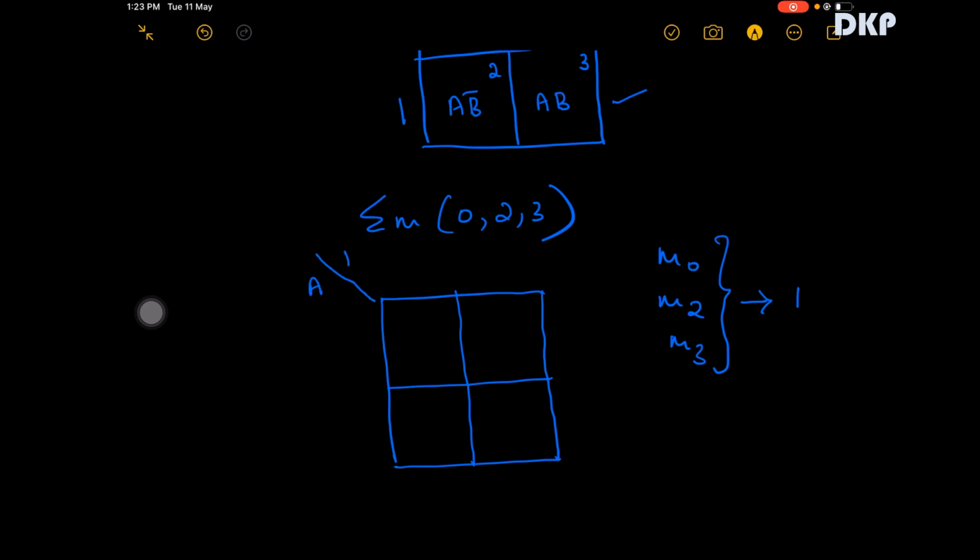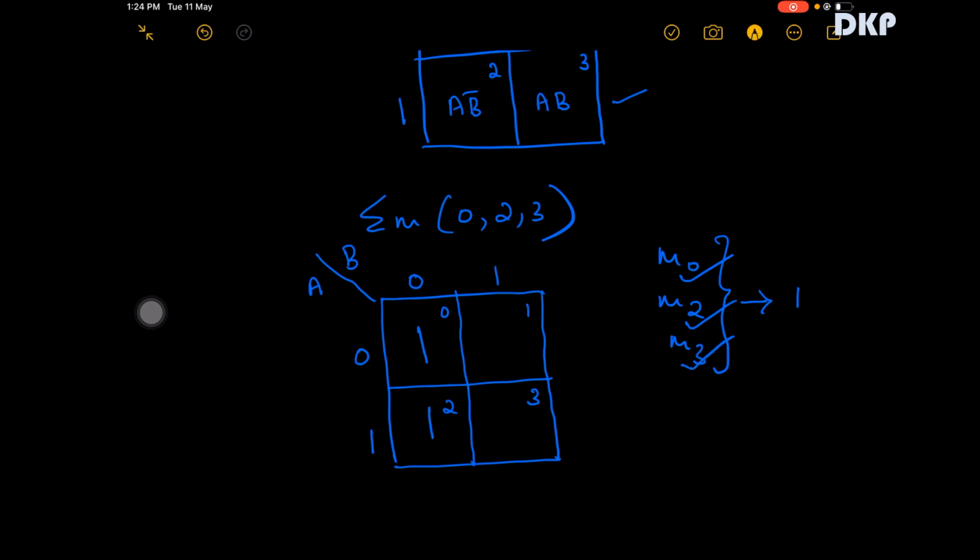So let us draw the K-map once more. 0, 1, 0, 1. Here 0, 1, 2, 3. M0 is present. Therefore, you have to place a 1 in that corresponding cell. M2 is present. Place 1 in that corresponding cell.